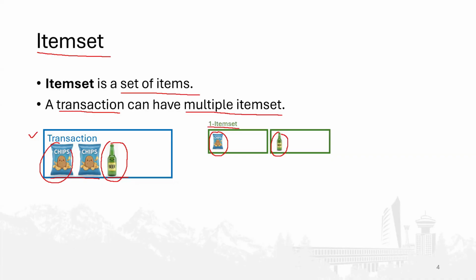A combination of one item is called a one-item set. We can also have a combination of two items, called a two-item set. Here we only have two different items, chips and beer, so we can form one two-item set that contains chips and beer. That's the meaning of item set.